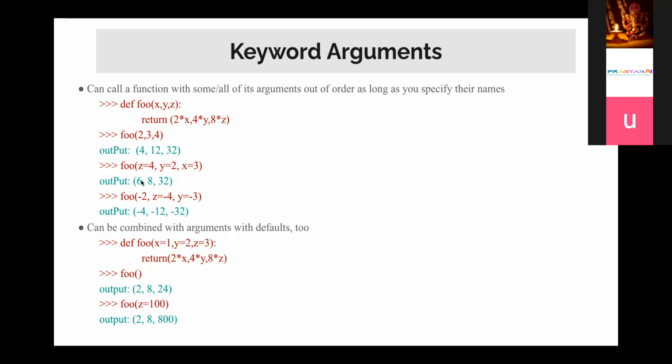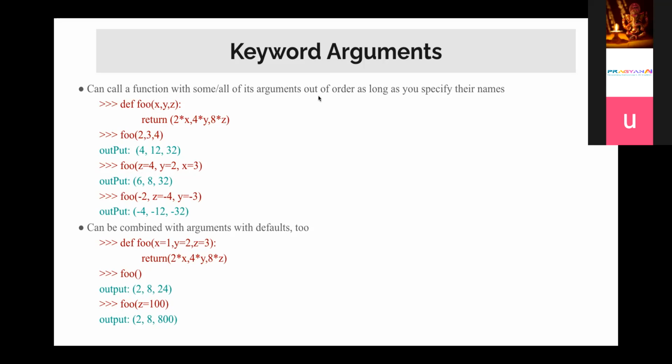This way is much easier, because I remember that I wanted to pass 4 to z, 2 to y, and 3 to x. This kind of passing values is called keyword arguments.